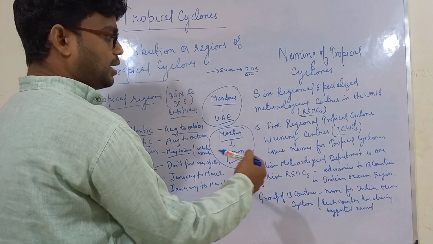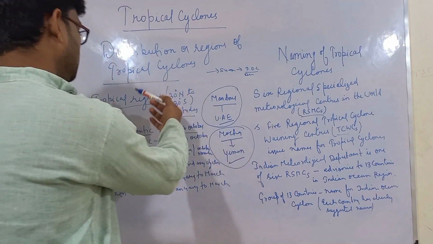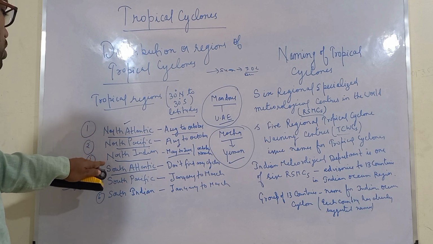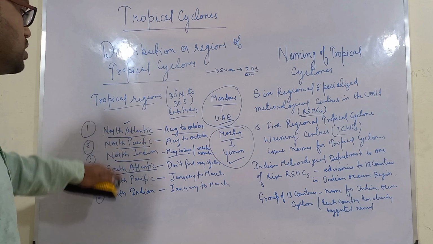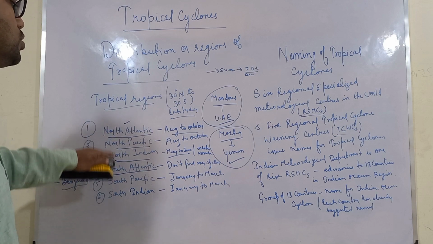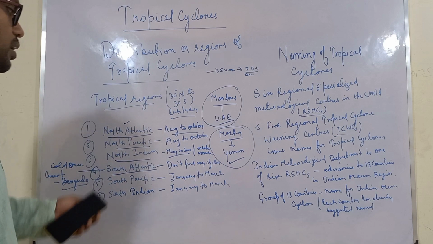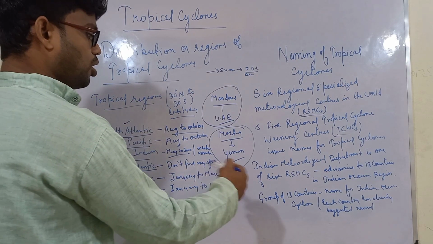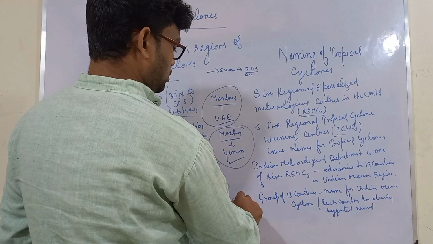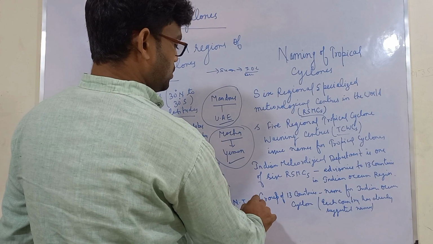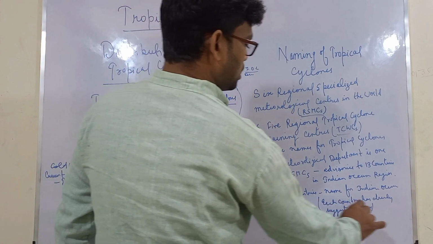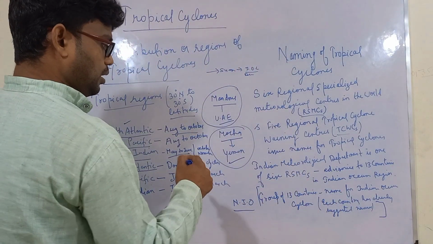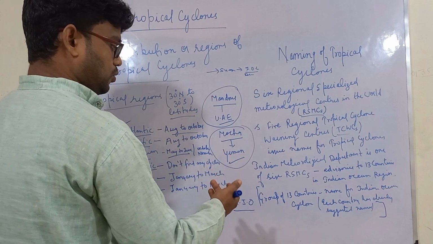Now what happens regarding naming for each of these oceans, for example North Indian, North Pacific, North Atlantic: for each of these regions where cyclones are formed, there is a group of countries. For example, in the North Indian Ocean, this group of 13 countries, each country has already given names for cyclones.